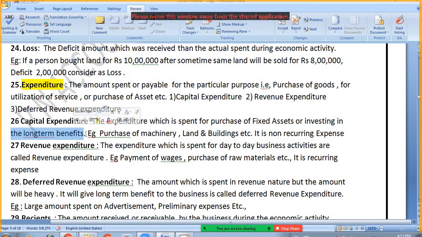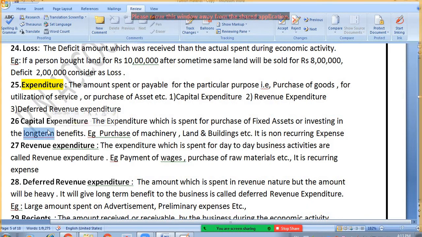Examples: purchase of machinery, land and buildings, etc. Those can be considered as capital expenditure. Sometimes it is investing in long term benefits.